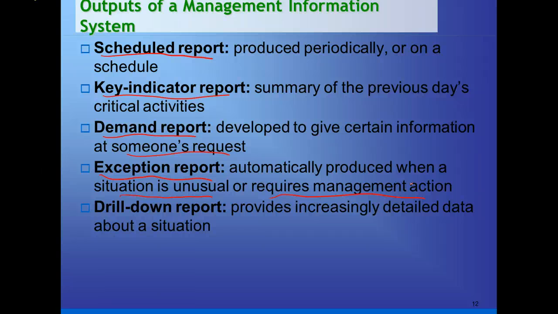This helps managers quickly look at potential errors or potential incidents which might cause consumer unhappiness. Lastly, we have a drill down report, which is a more detailed report about a particular situation, where we can go down to more detailed data.